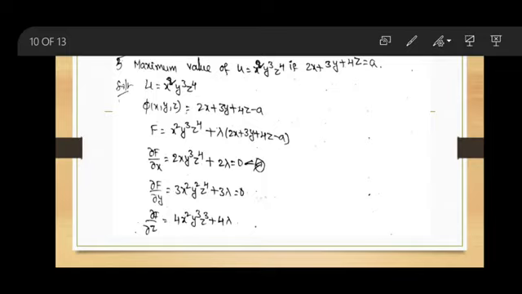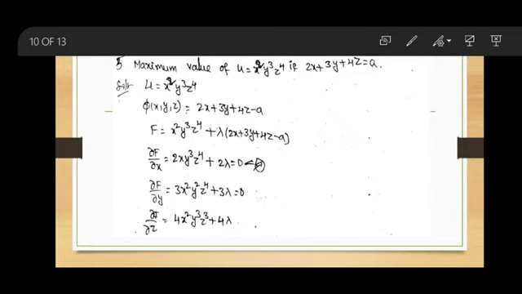They gave one condition, so we take a Lagrange multiplier, lambda, and also they gave the function u is equal to x square y cube z power 4, and the condition 2x plus 3y plus 4z minus a, we just assume as phi of x comma y comma z.